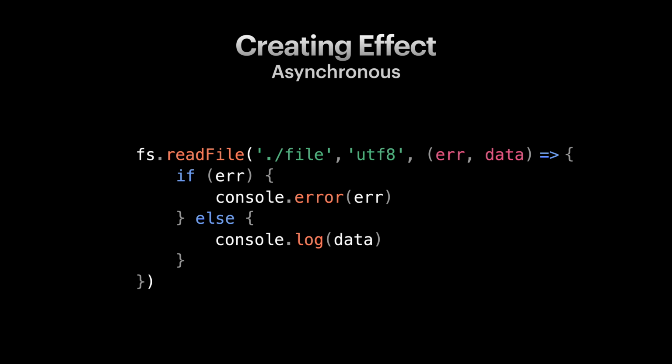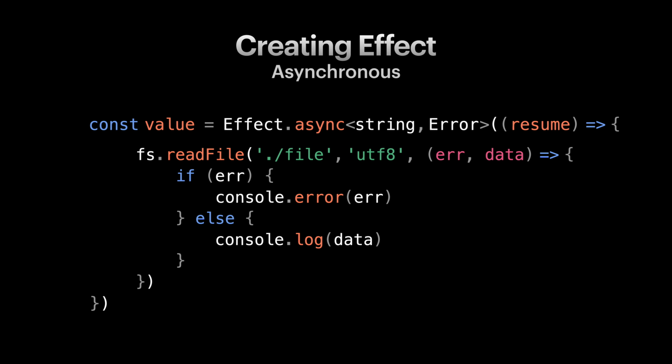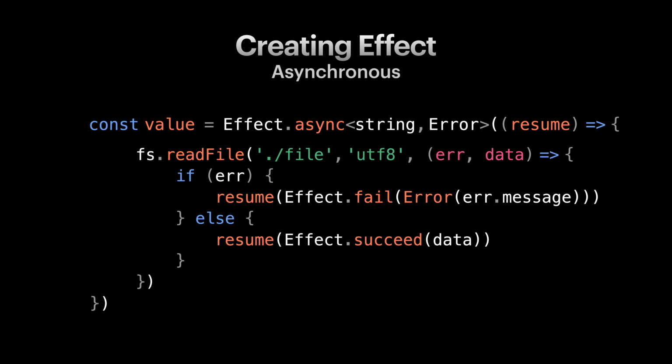We can wrap our readFile call in an Effect.async and use the resume function provided by the async function to return the result. The input to resume is another Effect value, which gives us the opportunity to specify whether the result is a success or a failure. Consequently, the type of our constant becomes Effect of a string and Error.